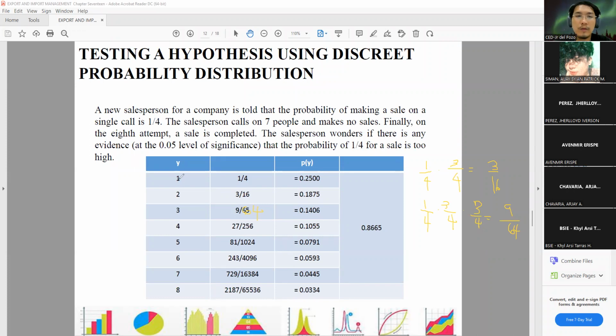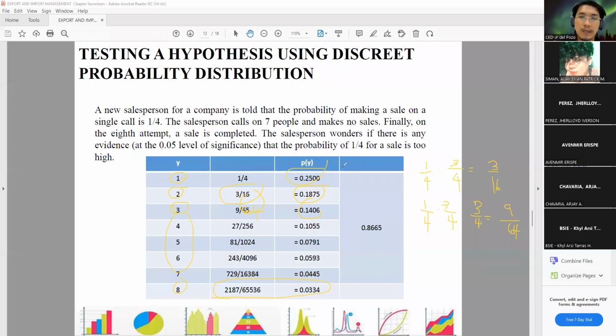So, eto, nung unang tawag niya, ano yung chances niya na makakuha? 0.25 lang. Yung pangalawang tawag niya, ang chances niya na makakuha is 0.1875. 3, and so on, and so on. Now, nung pang-8 niya, doon na siya nakatawag. So that is 0.0334.